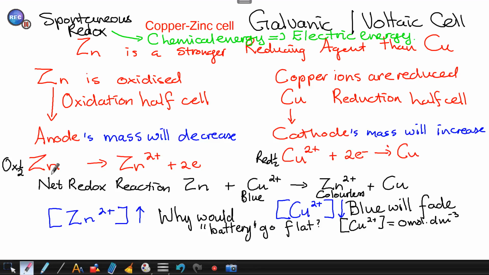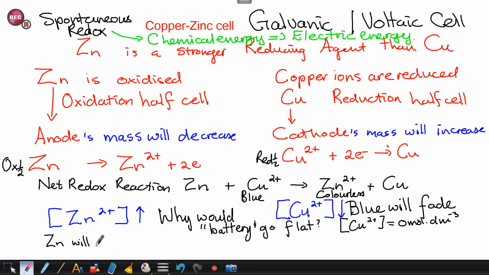And on the other side, when will it stop working? Is another possibility why it will stop working. The zinc electrode will, it will what? Explode.